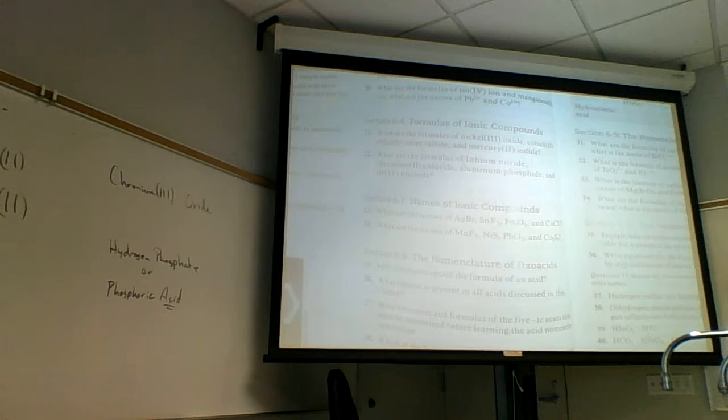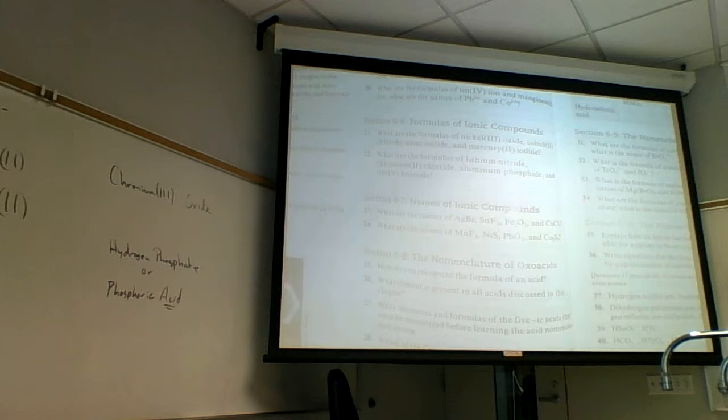What are the formulas for lithium nitride? So lithium nitride, that's an ionic compound, it's metal and non-metal. And so we have the lithium cation. Lithium, fixed charge or variable charge, is fixed charge. Lithium is going to be what? 1+.